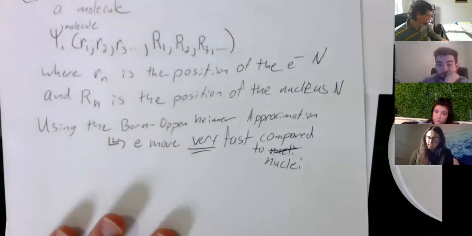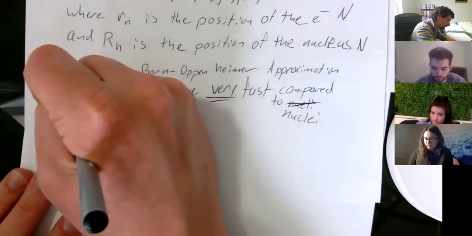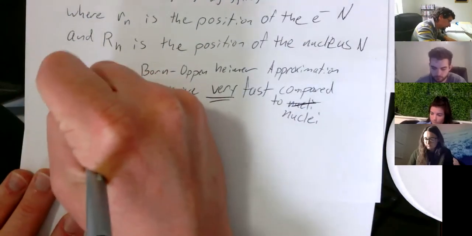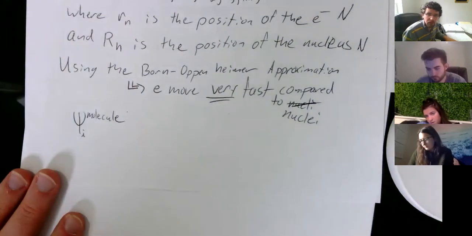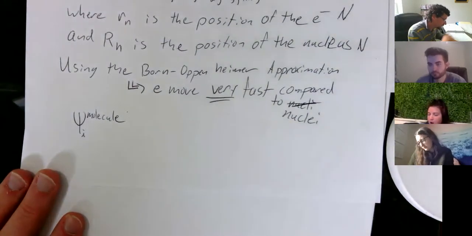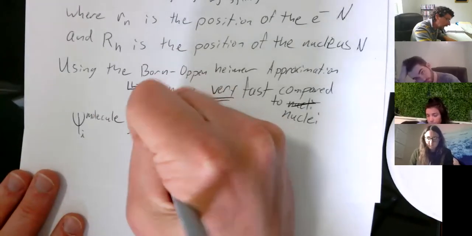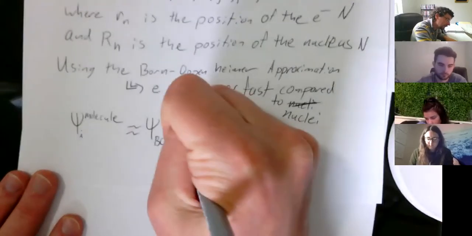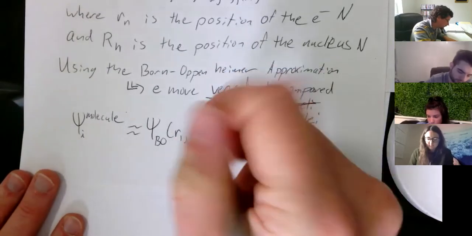Yeah, sure. Looks better. Okay, so what we can do now, we have our original wave function. We can split this up into two wave functions. We have the Born-Oppenheimer approximation, where we can say the electrons move independently of the nuclei.